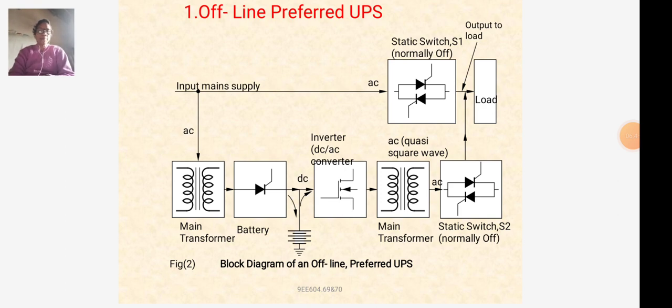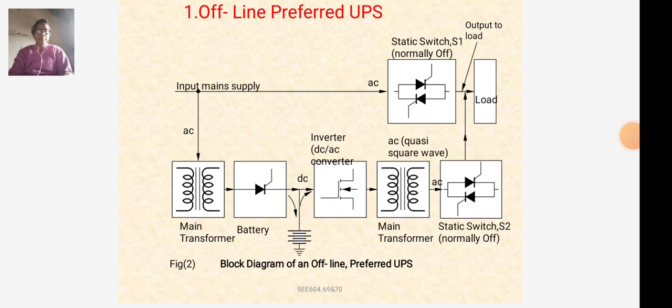During power failure, static switch S2 operates and the battery supplies power to the load through the inverter. Normally, a single pulse quasi square wave AC voltage is generated by the inverter of an offline UPS. The changeover of the supply from S1 to S2 is completed within 1/4 cycle so that the operation of the load is not disturbed.